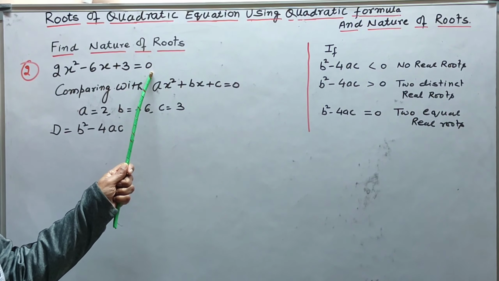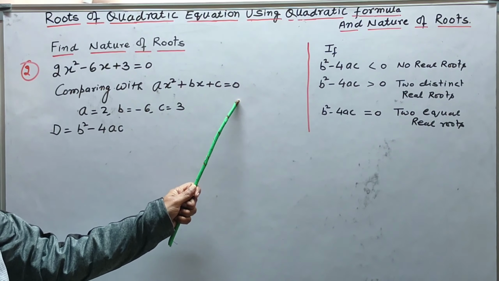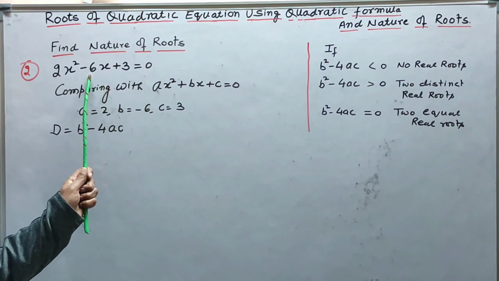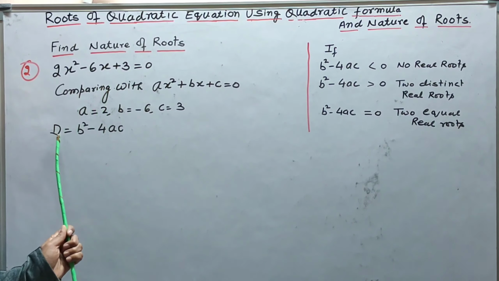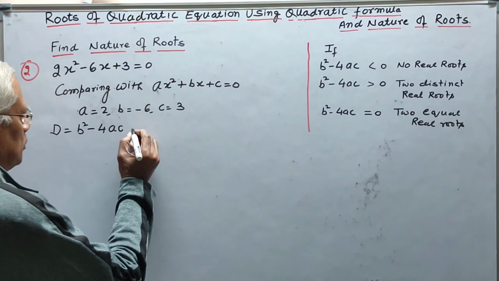Second question. 2x square minus 6x plus 3 equal to 0. This is the given quadratic equation. Comparing with ax square plus bx plus c equal to 0, a equal to 2, b equal to minus 6, and c equal to 3. Let us find the value of d, discriminant.